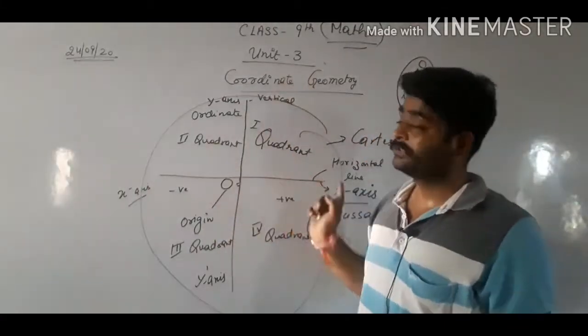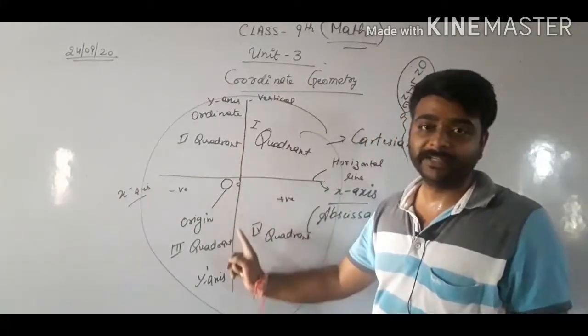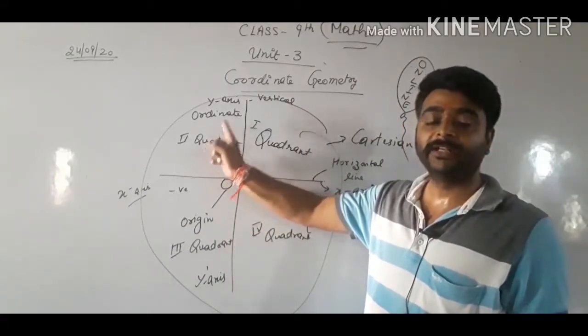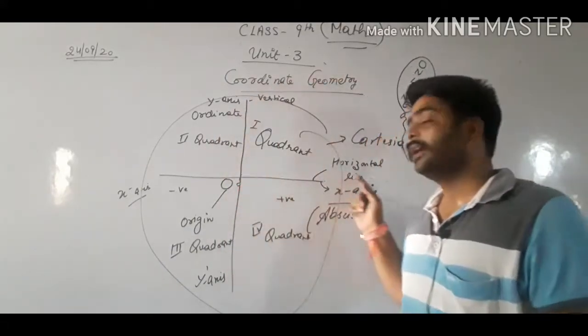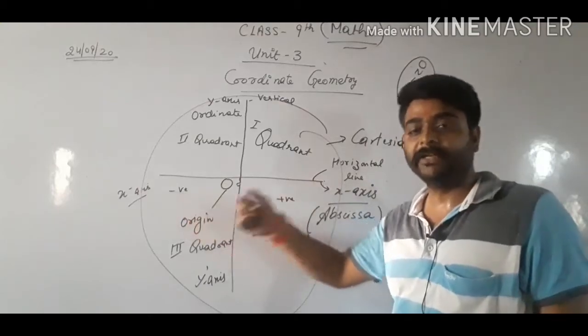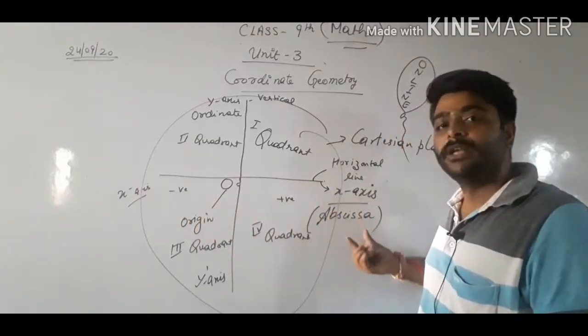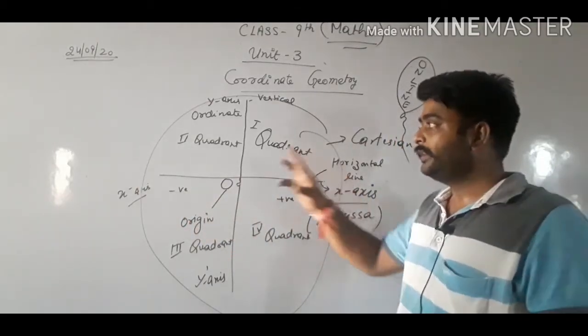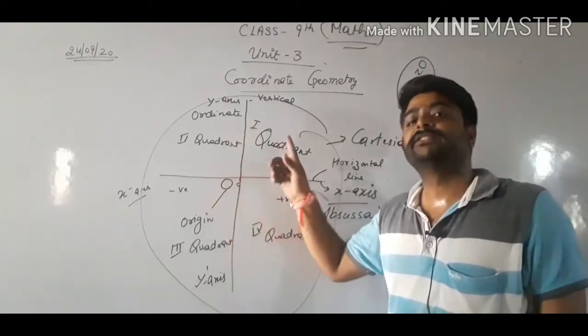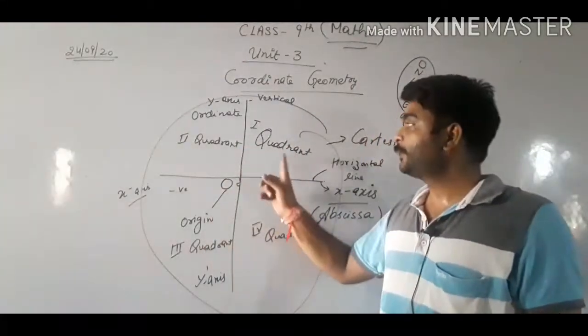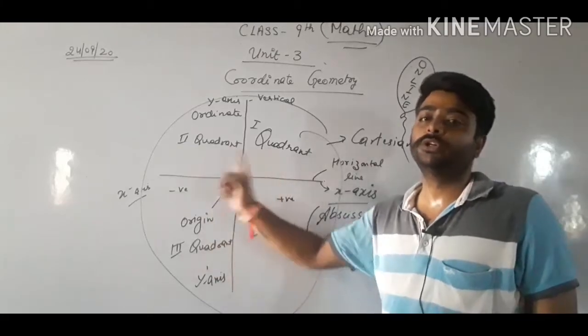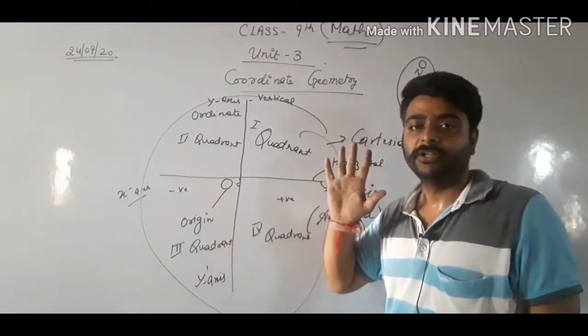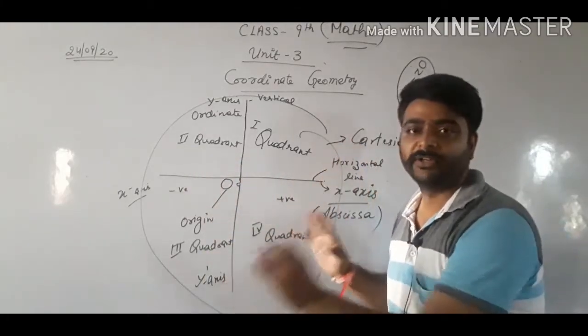The vertical line is the y-axis, whose other name is ordinate. The horizontal line is the x-axis, whose other name is abscissa. When these two lines intersect, the plane is divided into 4 equal parts, and each part is known as a quadrant. So this is the basic of the graph.